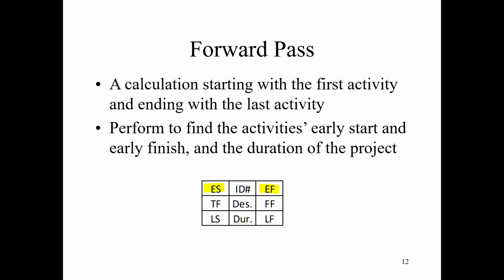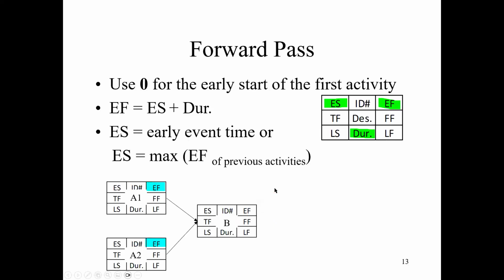So we're starting from the left side. You are finding the activities' early start time and early finish time, and you can also determine your project duration. That's the key information here. So we use the forward pass to determine ES and EF, and then we can know our project duration as the early finish time.